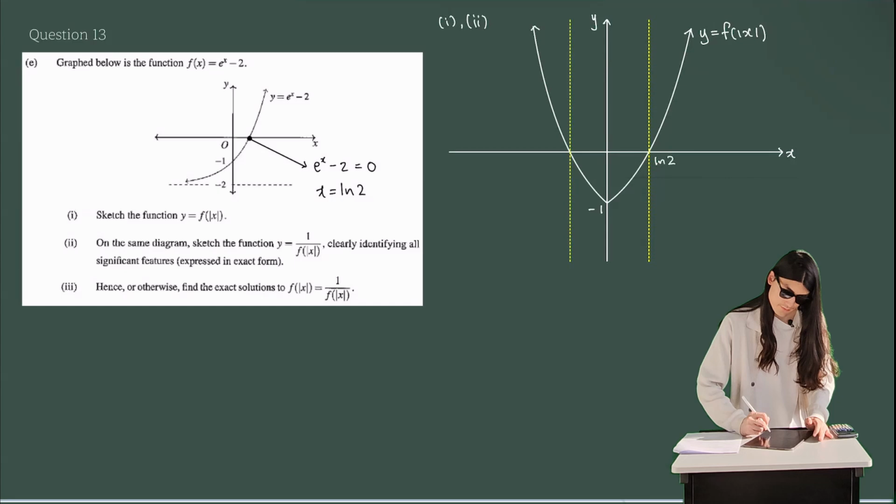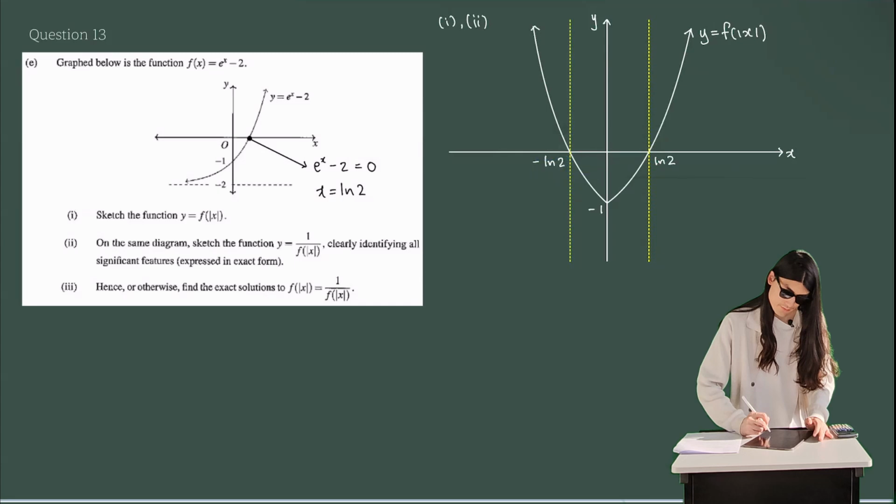Label that. And of course, the other one over here is negative of ln 2 due to symmetry. Now, I will continue sketching the reciprocal function.